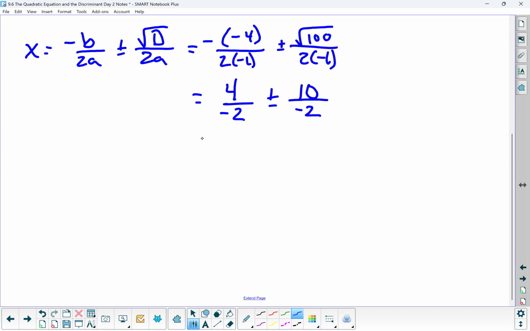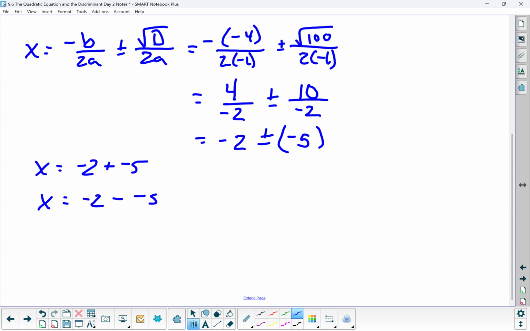So now I can simplify my fractions. 4 over -2, well, that's the same as 4 divided by -2. That is -2. Plus or minus, 10 divided by -2 is -5. Put that in parentheses. So my two solutions would be -2 plus -5 and -2 minus -5.